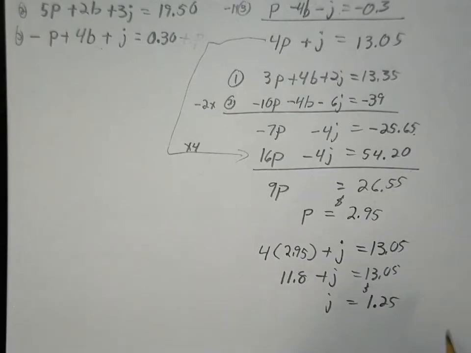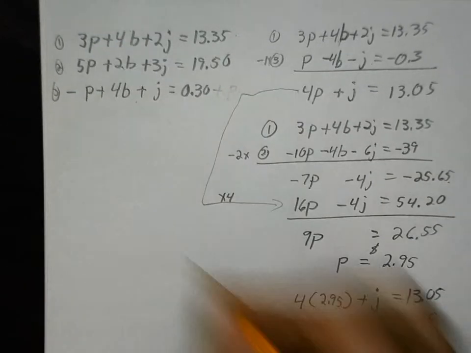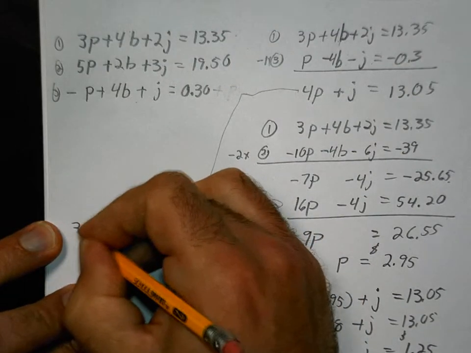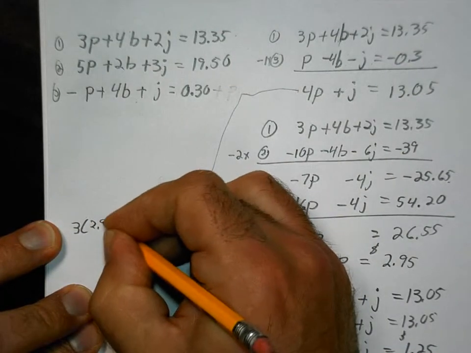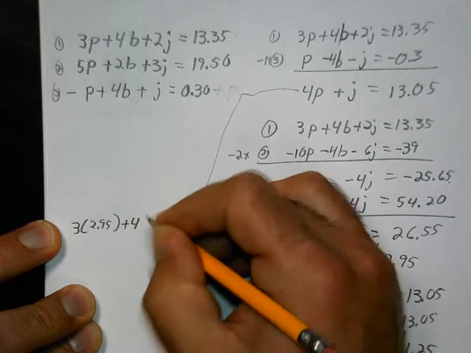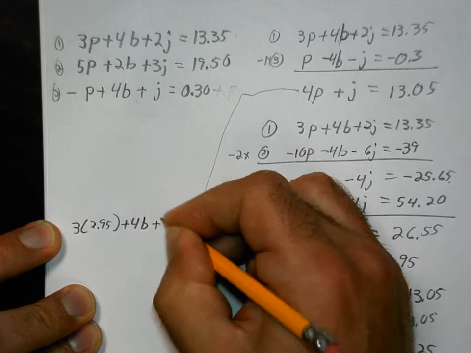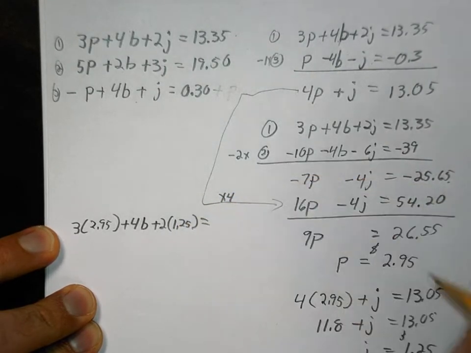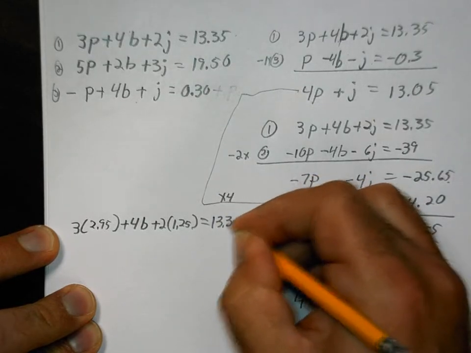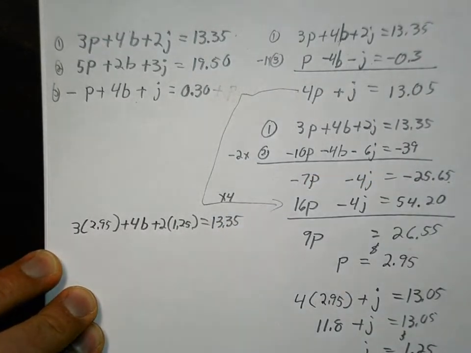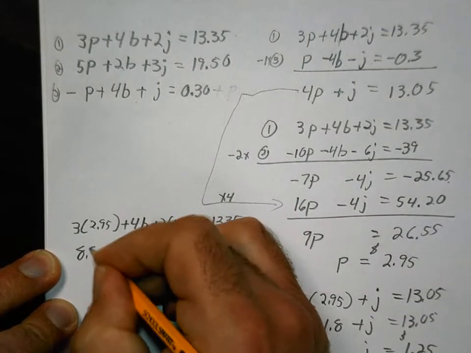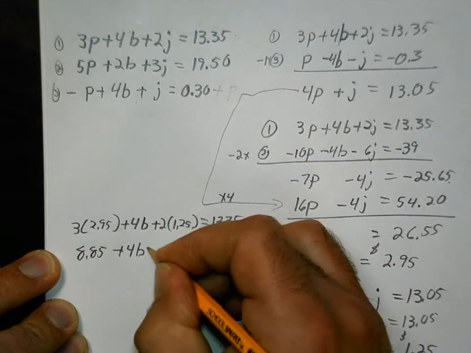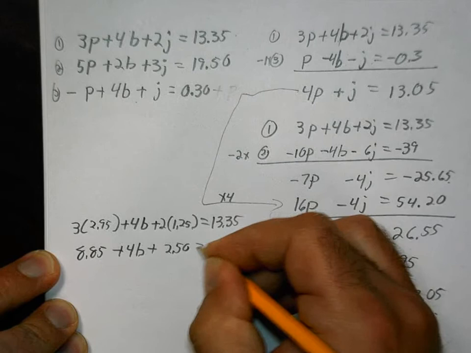And now I substitute them both back into one of the original equations. Let's just use the top one to make it easy: 3 times p plus 4b plus 2 times $1.25 equals $13.35. So 8.85 plus 4b plus 2.50 equals 13.35.